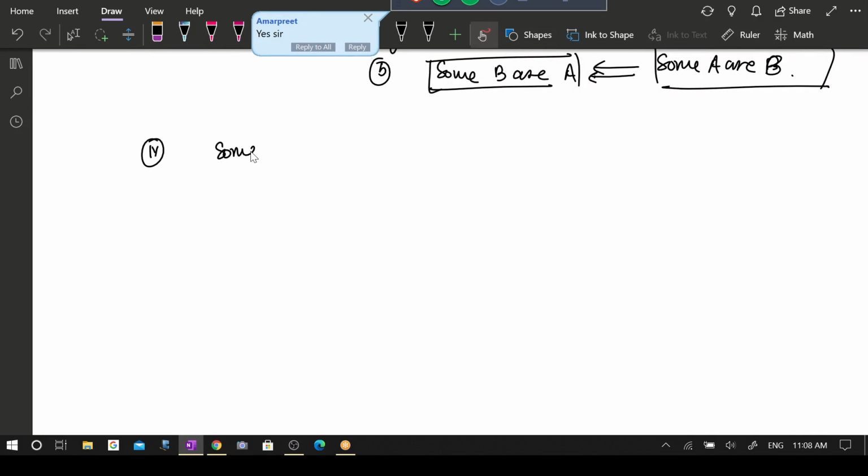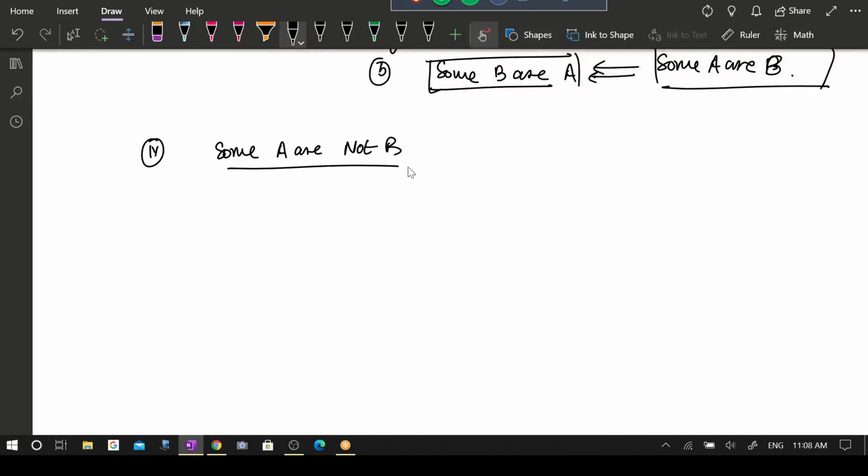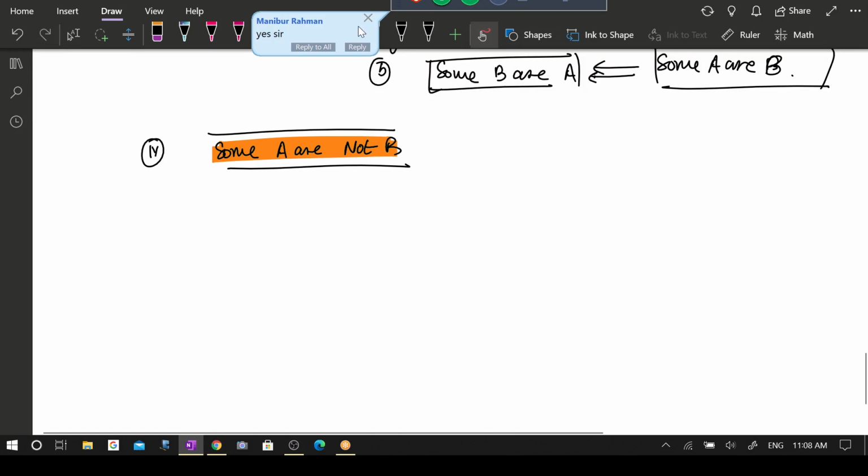Some A or not B. Now, the meaning. First is the meaning. Sometimes meaning is more important, and if you understand the meaning, you understand half the full concept. So what do I mean?